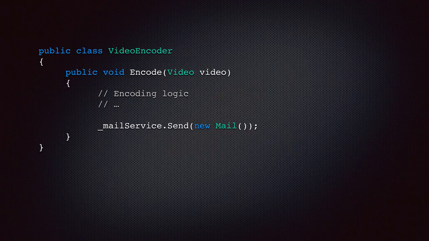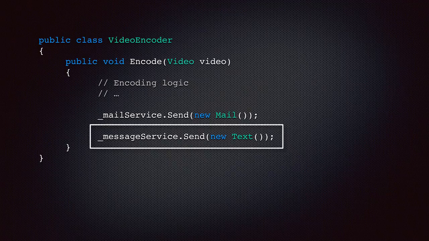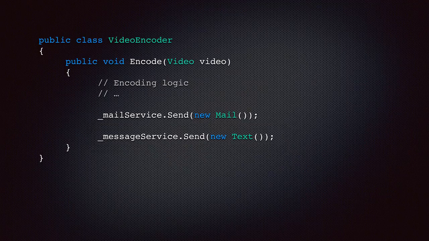So what we need to do is to go ahead and add this extra line of code to this method. Now, again, this is for simplicity. In a real world scenario, there could be a few more lines of code. Now, the problem here is because we add this extra line of code here, that encode method is changed, which means it has to be recompiled, which means the video encoder class also has to be recompiled, which means any other classes that are dependent on this video encoder have to be recompiled and redeployed.